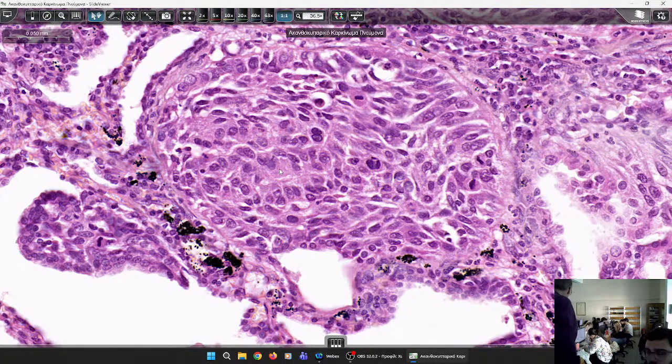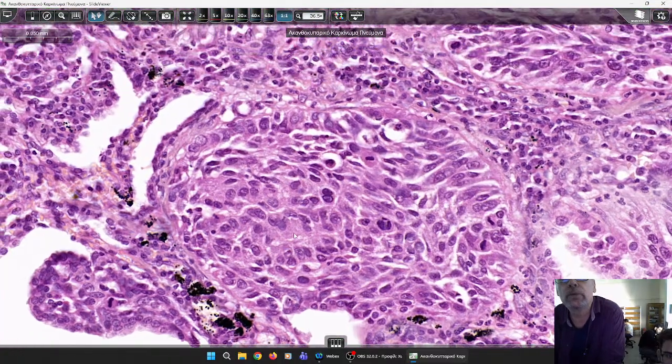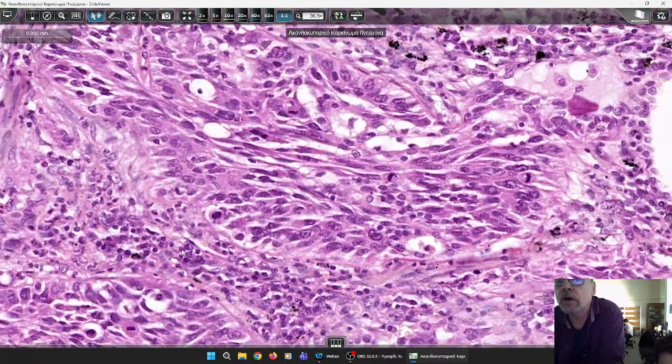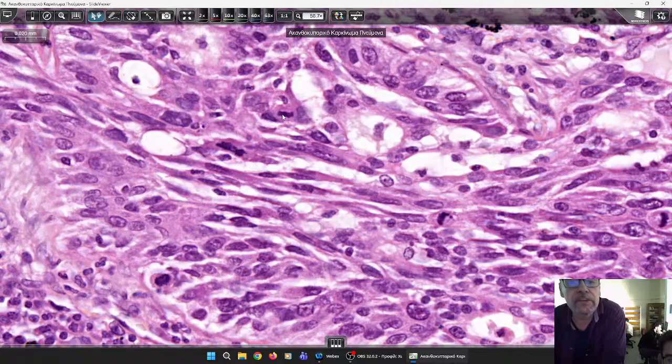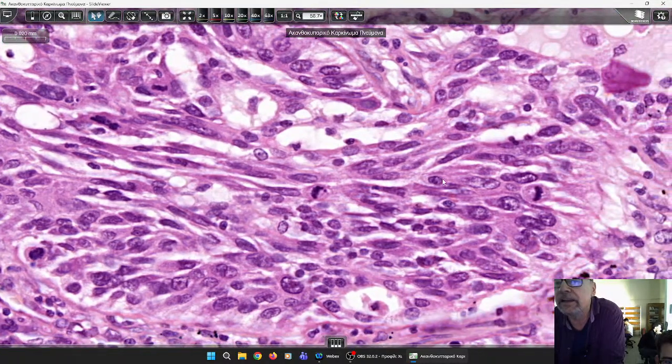And this is also an indication of squamous cell differentiation, because mature squamous cells have pink cytoplasm. But you have to look for bridges between the malignant cells. Of course, they are malignant, so there are many. Did you ask me about mitosis before? These are mitosis. See? It's like a line, irregular.